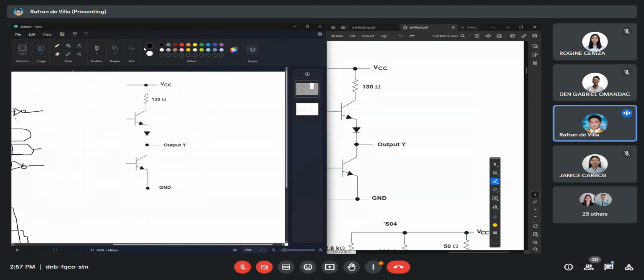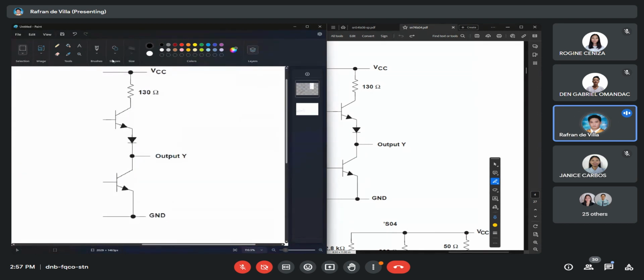So, this again is acting like a switch. Let's say, for example, to output a low, this one will close and the upper one will open. So to generate a high, the lower one will open.